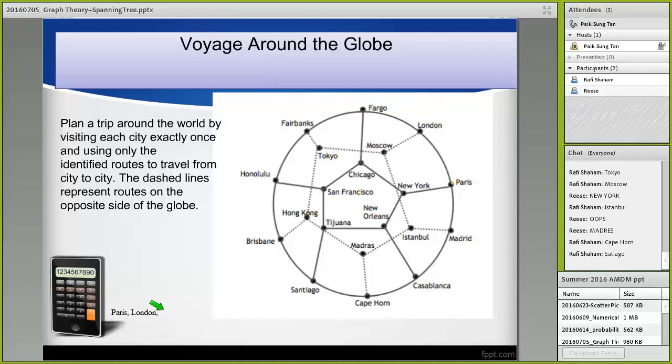Then from Cape Horn, we have to go to either Santiago or Casablanca. Now going to Santiago, we have to go to Tijuana because we've been to Brisbane.